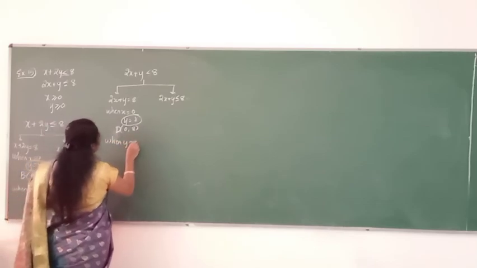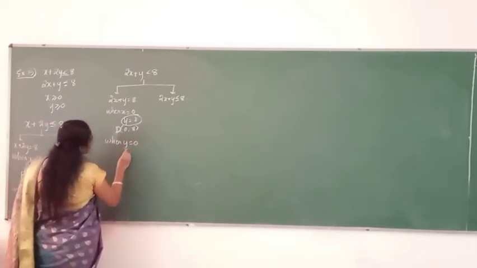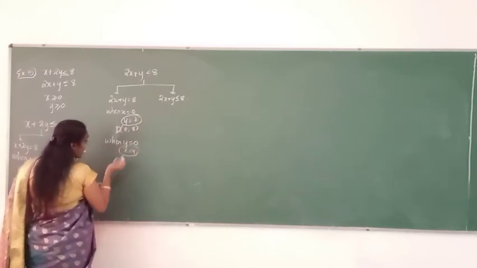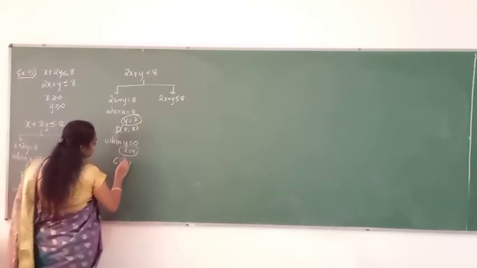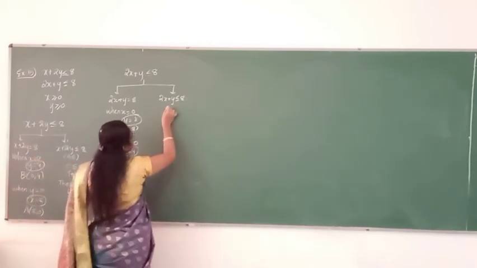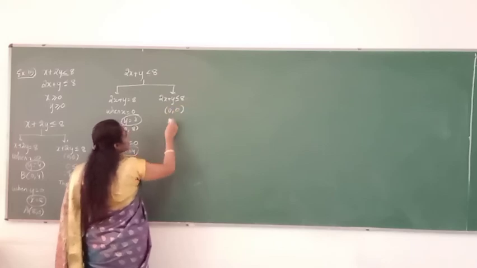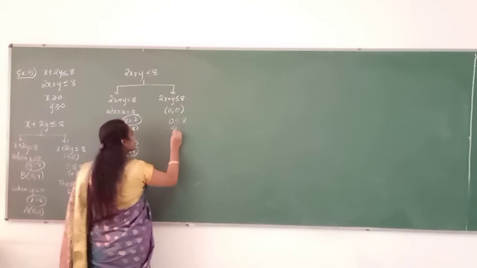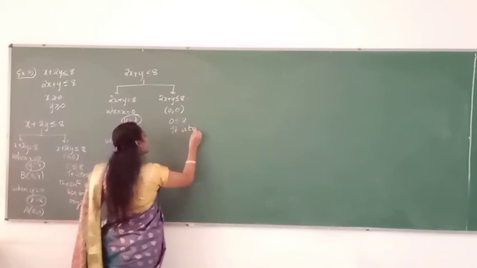When y is equal to 0, the x value you will be getting is 4. So I will consider it as C, which is 4, 0. We just substitute the point 0, 0. So it will be 0 less than or equal to 8. Therefore it is true.